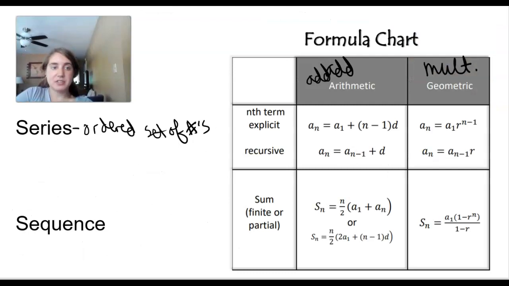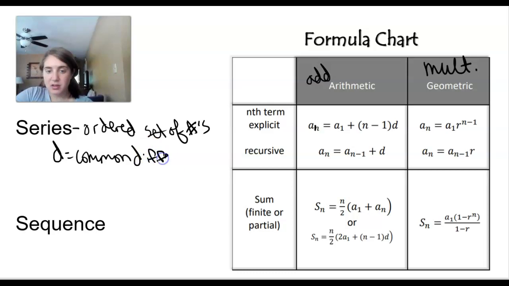Back to this chart, we're going to start defining some of these. What we add each time, D, is the common difference. It's referring to what we add each time.